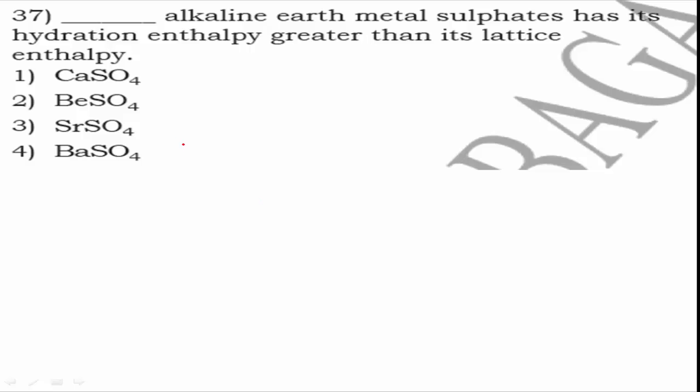The order of size of alkaline earth metal ions is like this: Be2+ is less than Ca2+, which is less than Sr2+, which is less than Ba2+.